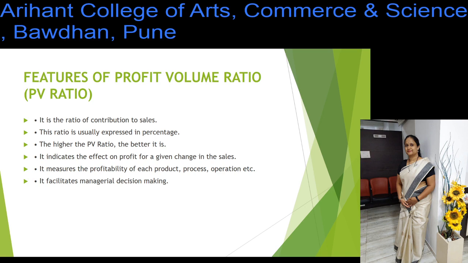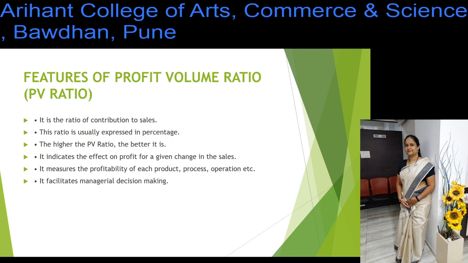So higher the ratio, better the profitability. It indicates the effect on profit of a given change in sales. As sales increase, profit volume ratio increases. So it is correlated with sales value.